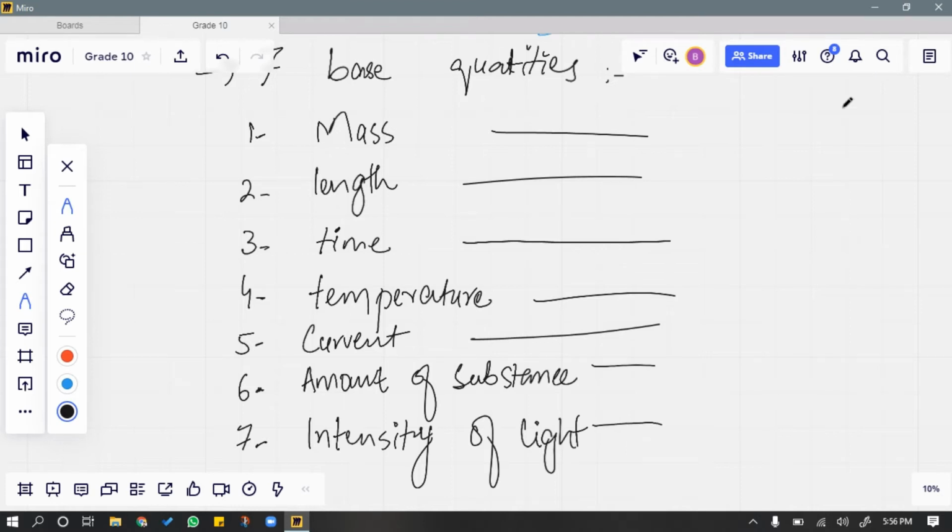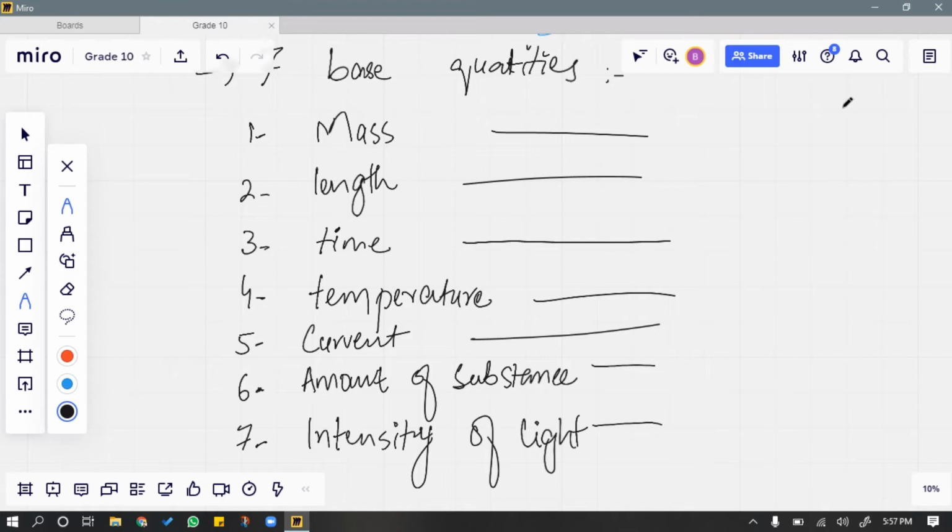And why do we devise a system for all the units? To avoid confusion around the world. Whenever a physicist is doing research on a particular subject, if he measures a length in centimeters in his country, and another physicist in his country is measuring a length in some other unit, for example yards or inches, then when they compare these two studies, there might be a difference. Why?